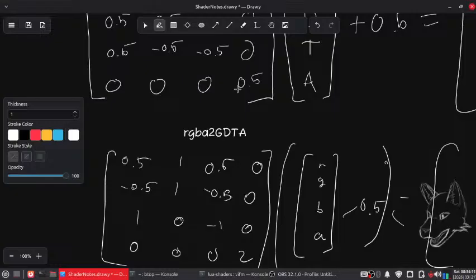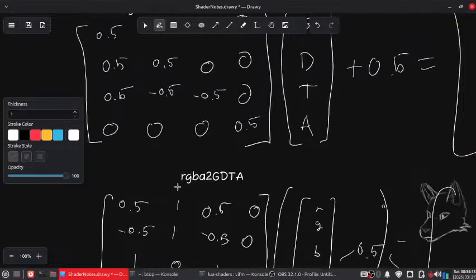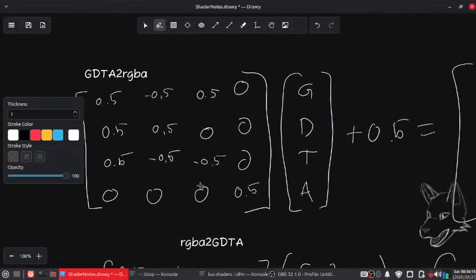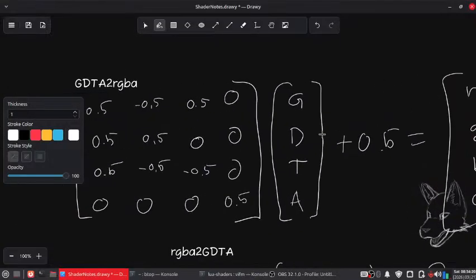So half green should be... What is temperature? Temperature is 0. Green.